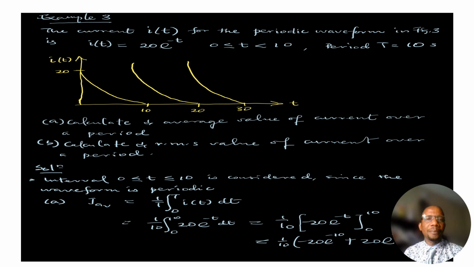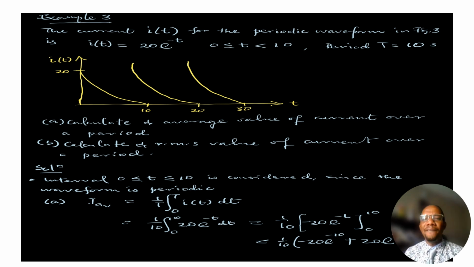So let's do another example. The current i of t for the periodic waveform in this figure 3 is i of t equals 20 e to the minus t between 0 and 10. The interval is 0 to 10, and the period is 10 seconds.